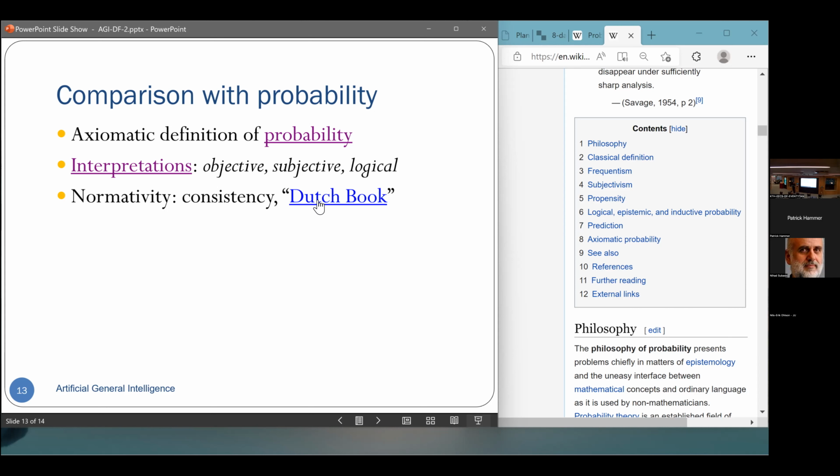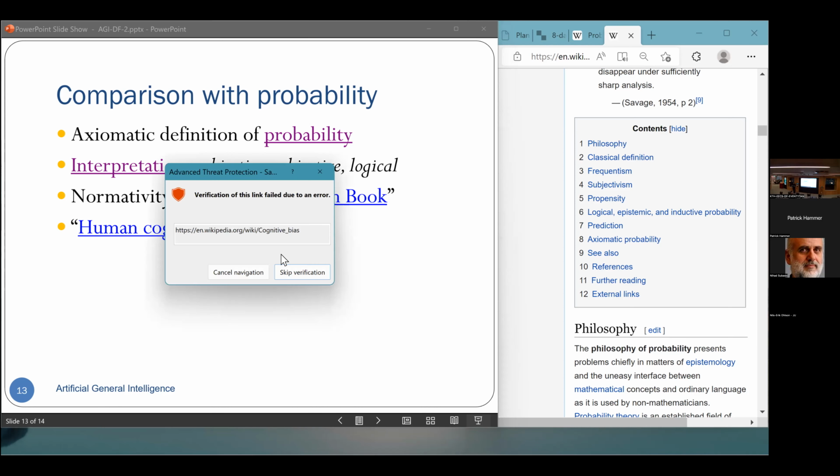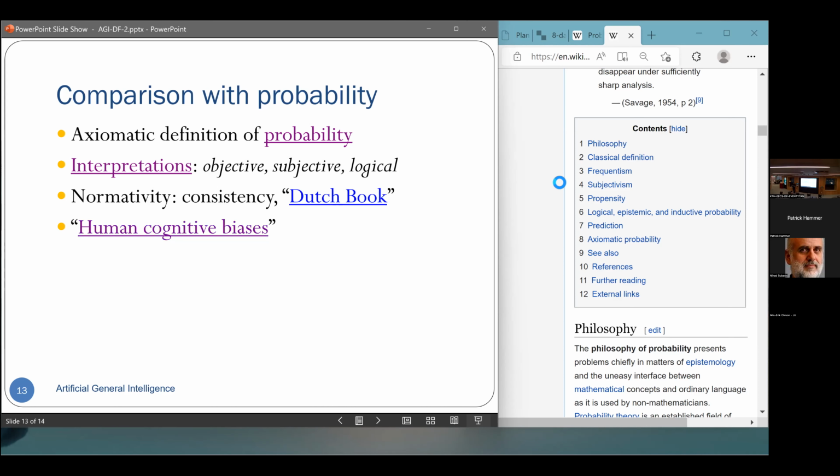One of the best examples is the so-called Dutch book example, which says that if your beliefs do not agree with probability, especially if they are not consistent in the probability sense, you will run into problems in your decision making, which we don't have the time for details. There is another criticism to probability models. This is from psychology. There is a huge literature. You may have heard about it.